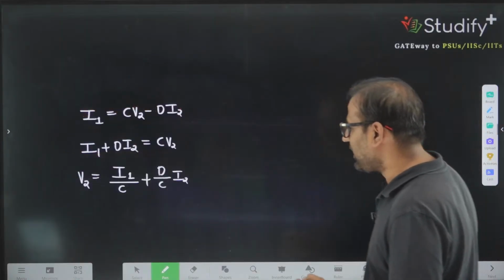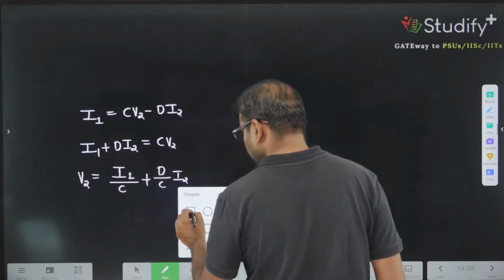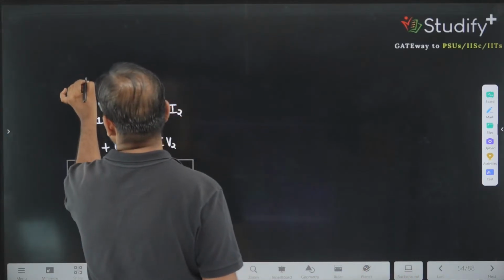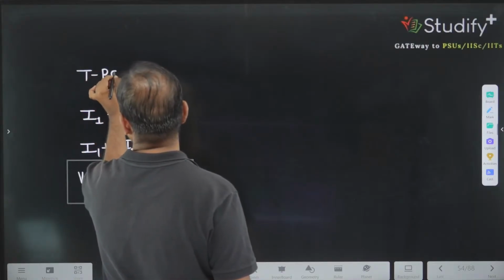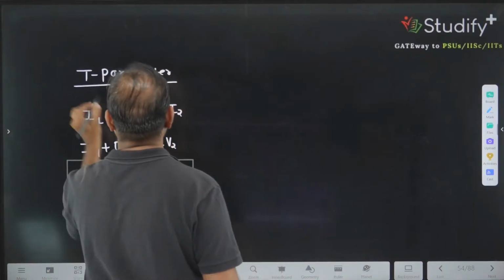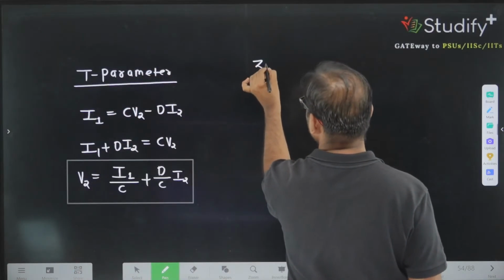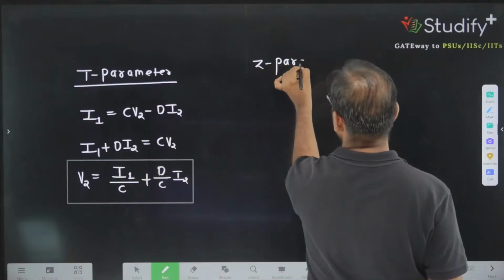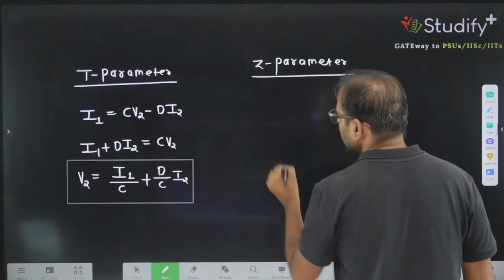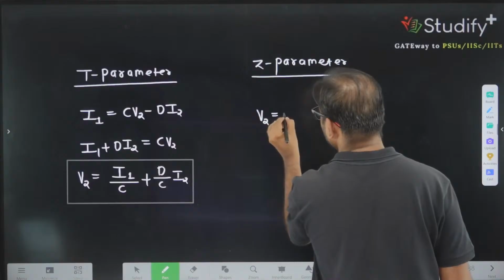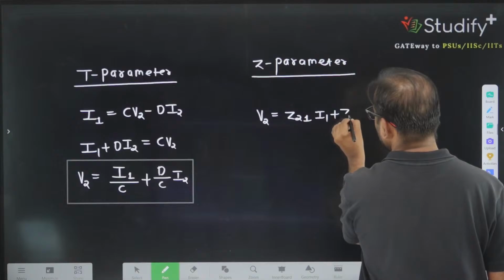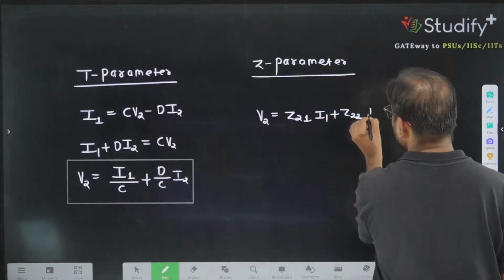So this value is obtained from the T parameter, and one more value is obtained from the Z parameter, which is V2 equal to Z21 I1 plus Z22 I2. These two values must be the same.